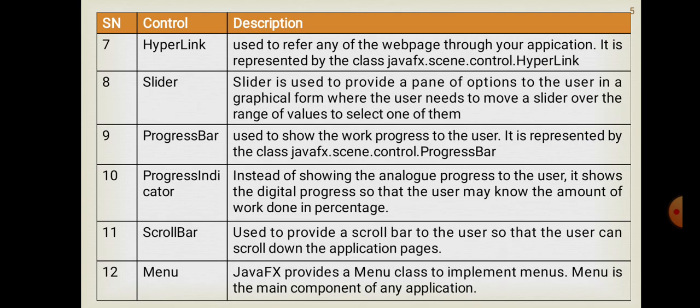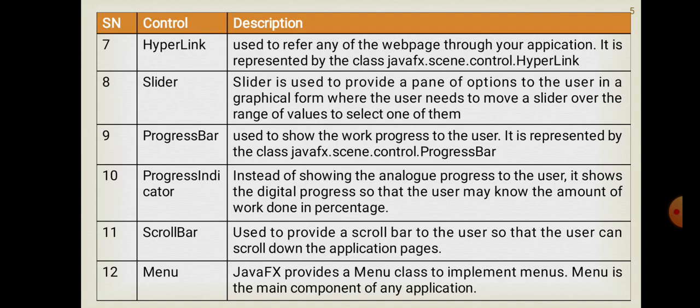So that kind of applications can be created by using this password field. Next, we have a control called hyperlink, which is used to refer to any of the web pages through your applications. And sliders, the slider is used to provide a range of options to the user in a graphical form. And a progress bar, it is used to show the work progress, for example, 74% of loading. So that progress bar can be created by using this progress bar UI.